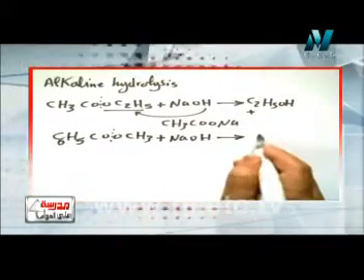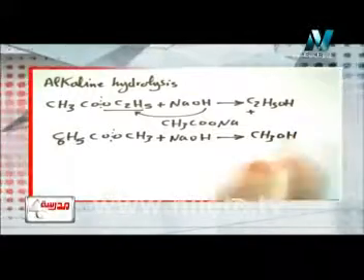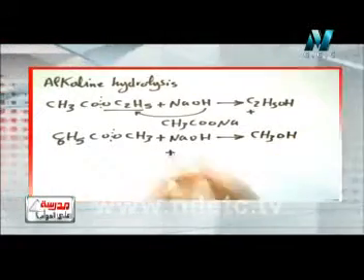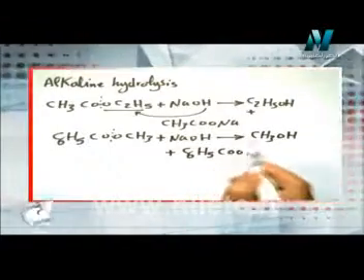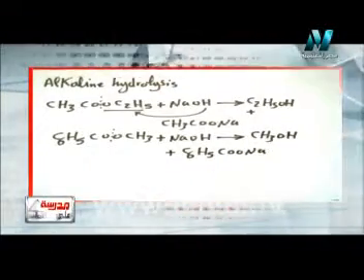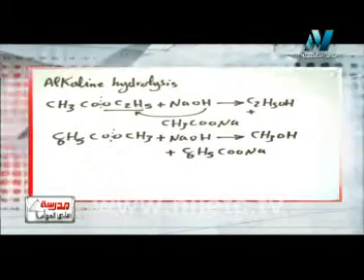CH3O takes H to be CH3OH, methyl alcohol, plus C6H5COONa, sodium benzoate. This is called alkaline hydrolysis. We know that the sodium salt of big acids will be the soap. I will explain this a few minutes later.